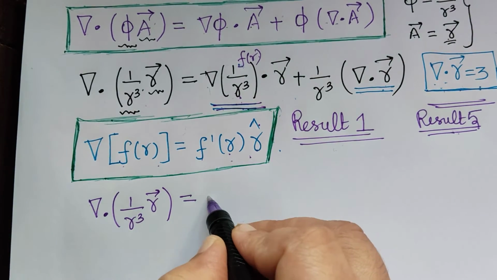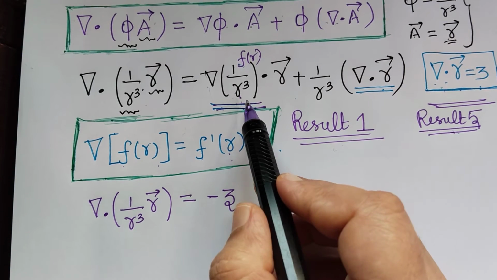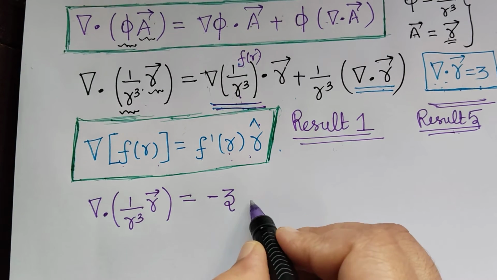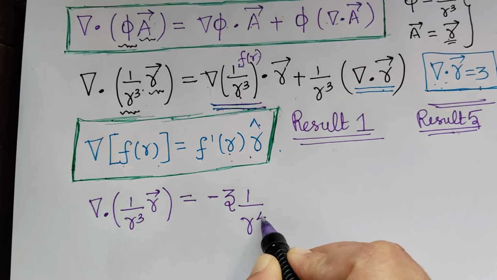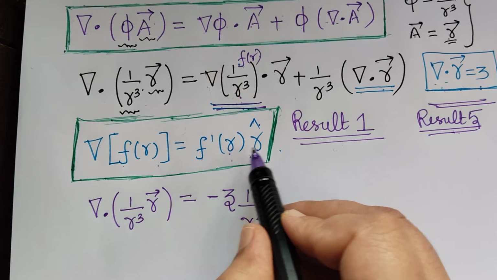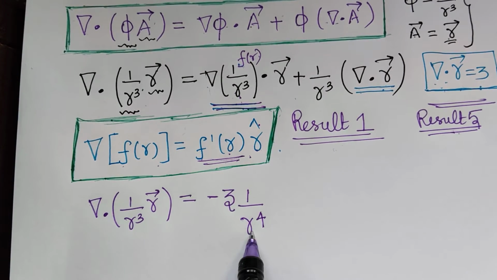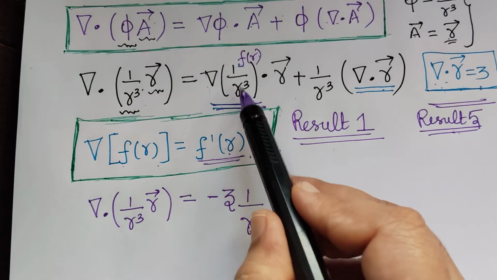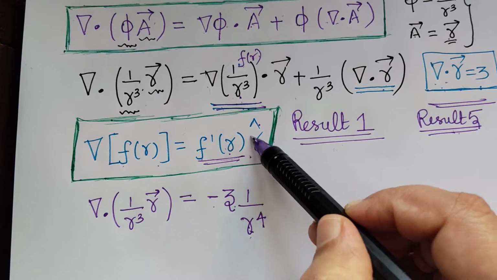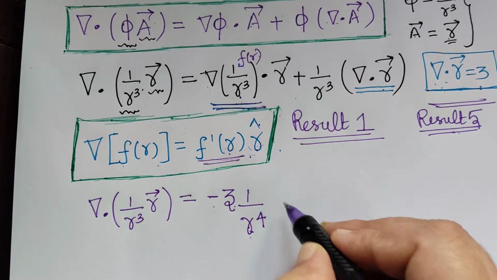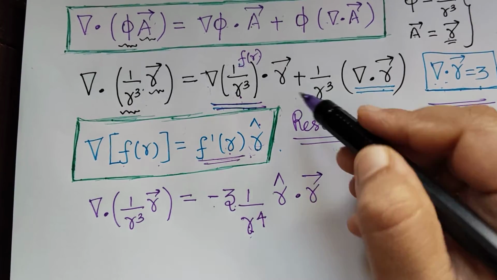On differentiation we will get minus 3 r to the power minus 3 minus 1, that is minus 4. r power minus 4 can be written as 1 by r power 4, and then multiplied with r cap. So as per this formula, f dash of r for 1 by r cube is minus 3 by r to the power 4, multiplied with r cap, dot product with r vector.